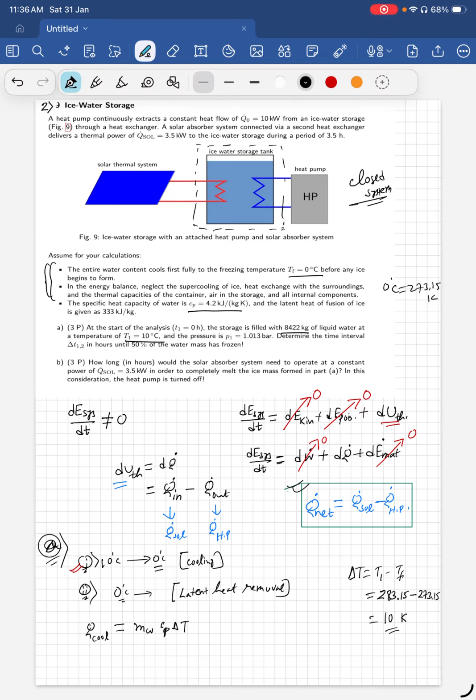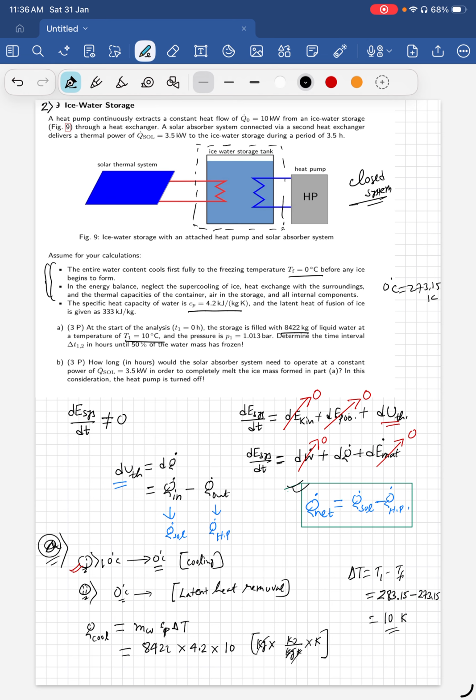Now we can put it here. The mass of the water is 8422 kg, the specific heat is 4.2 kilojoule per kg Kelvin, and the temperature drop is 10 Kelvin. We can write down the units beside it.